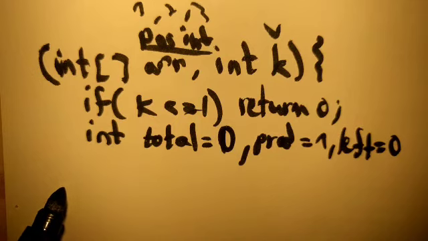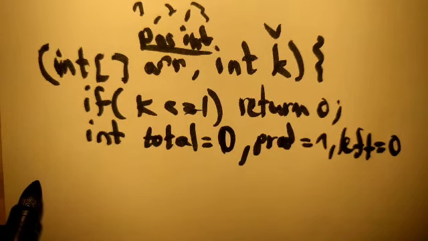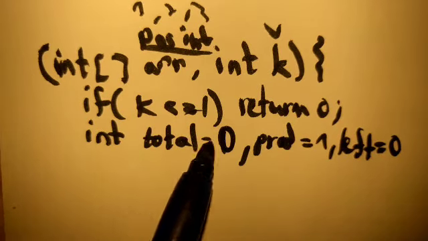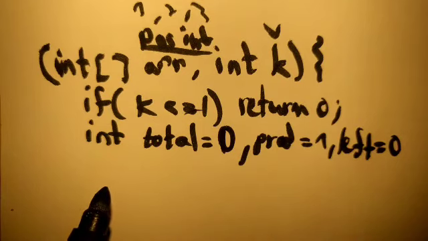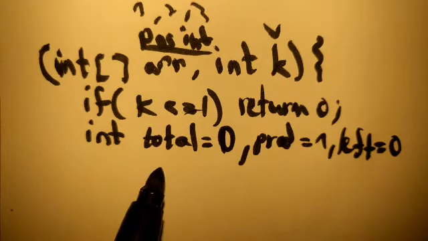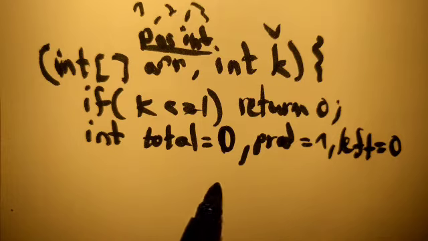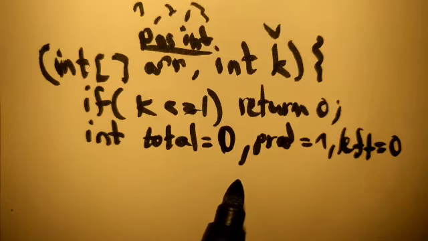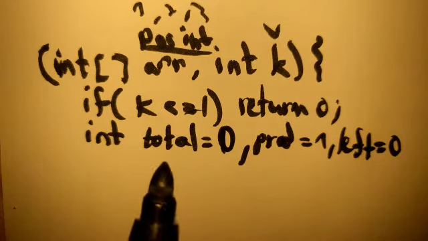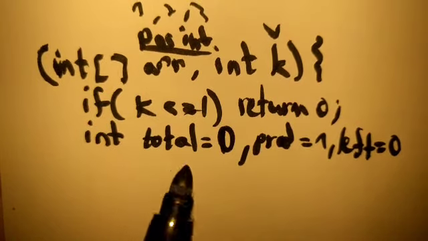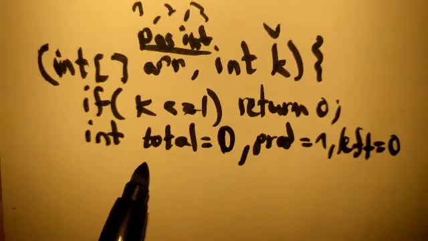We start looping via an index which will run from left to right. Because it's running from left to right, it's going to be the right boundary.